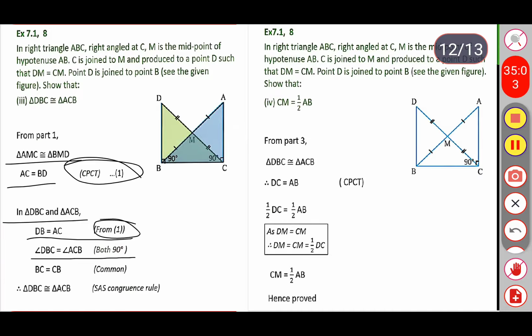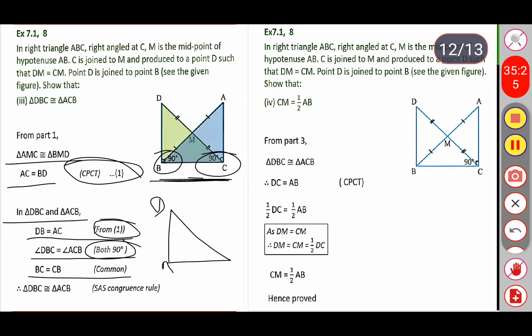So these two angles are 90 degrees and 90 degrees. Angle B is 90 and angle C is also 90 degrees. BC is equal to BC. So BC is the common side for the first triangle DBC and the second triangle ACB.